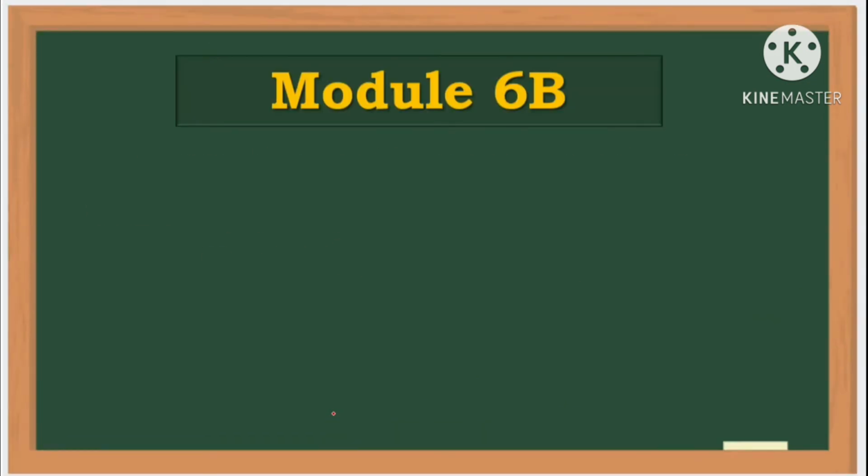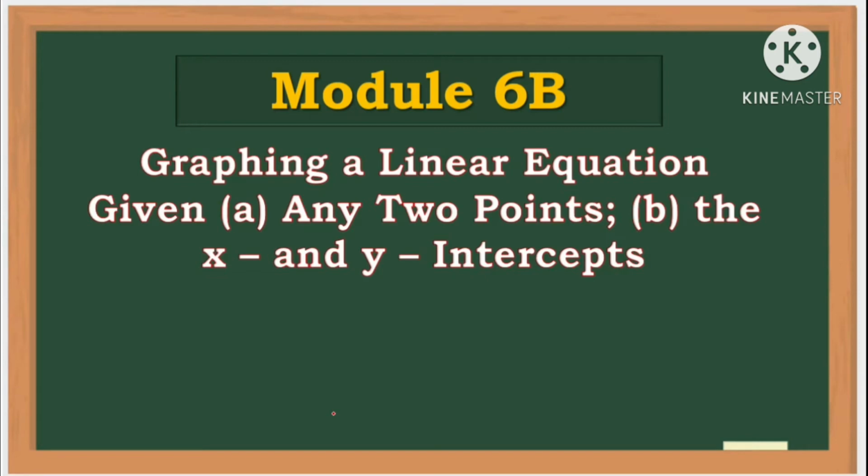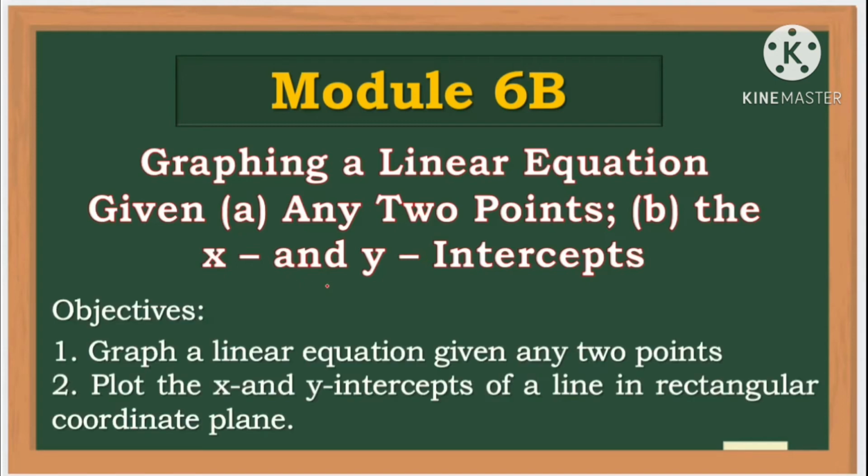So, next module, 6b. So, graphing a linear equation given any 2 points and the x and y intercepts. So, here we're going to graph and we're going to plot into a rectangular coordinate plane or coordinate system.